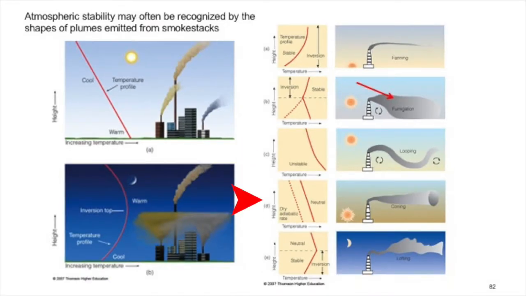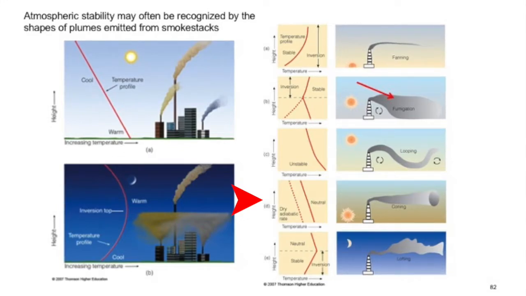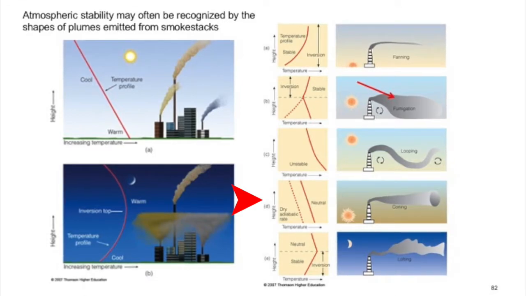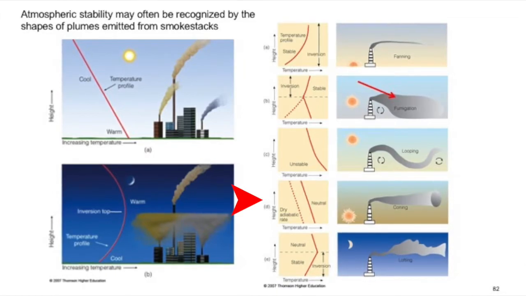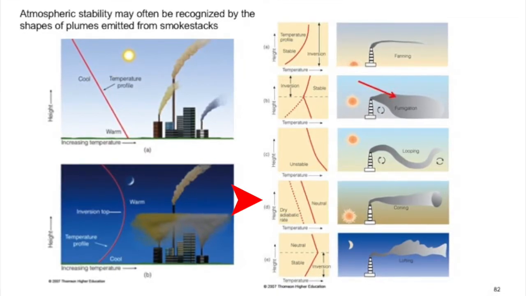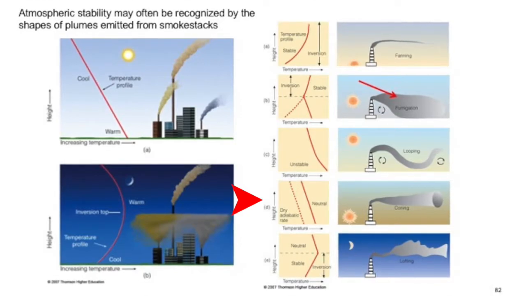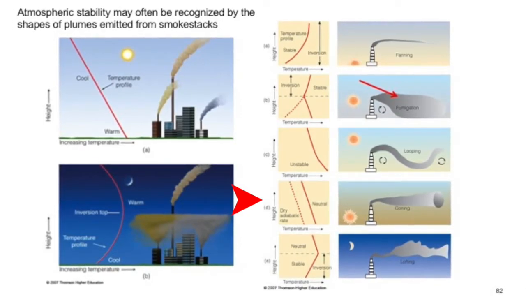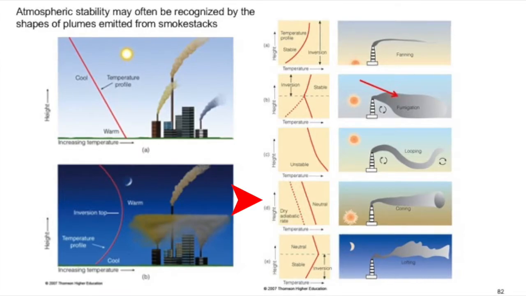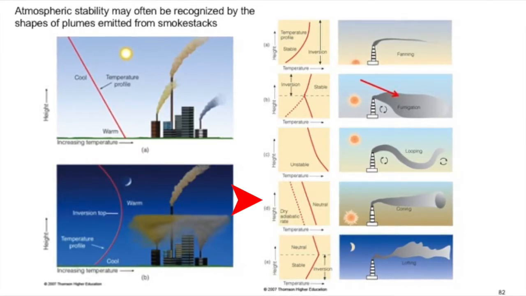The third case is called coning, and this occurs under neutral conditions. This is a stable scenario with small turbulence, and it is associated with moderate to strong winds. This can allow the pollutants to travel long distances before reaching ground level in significant amounts.